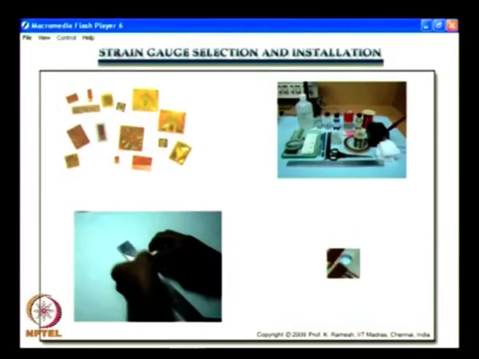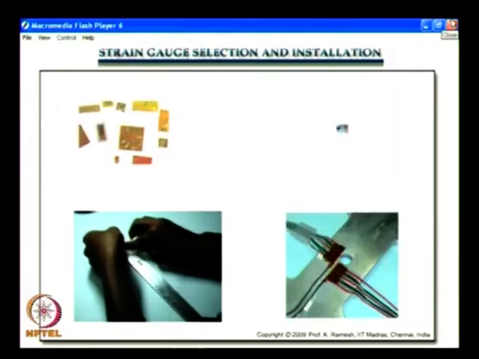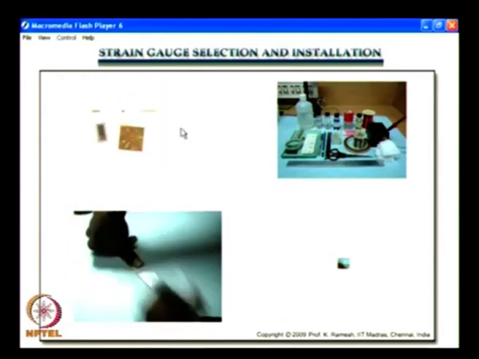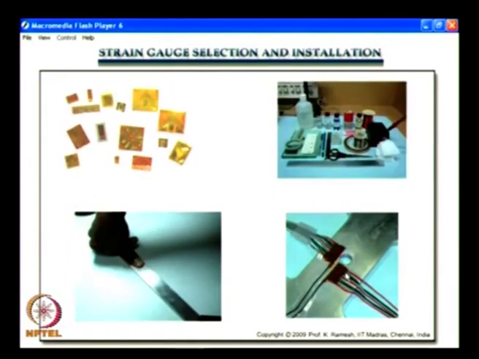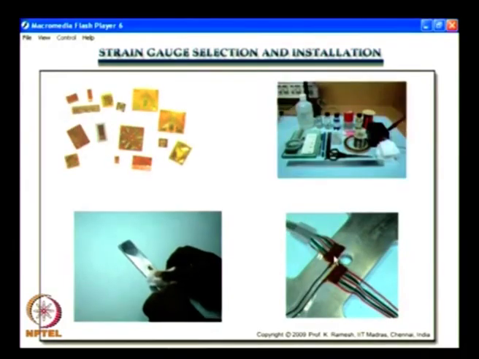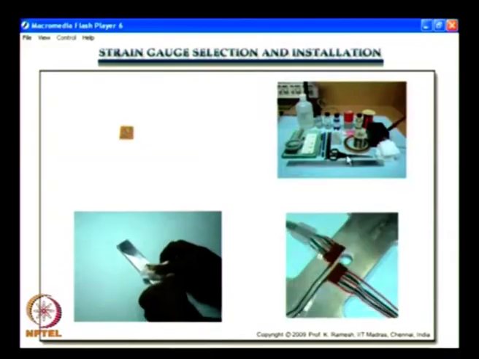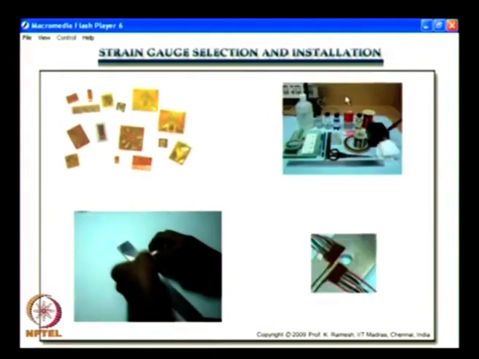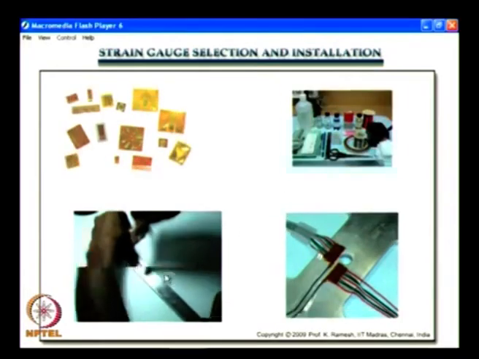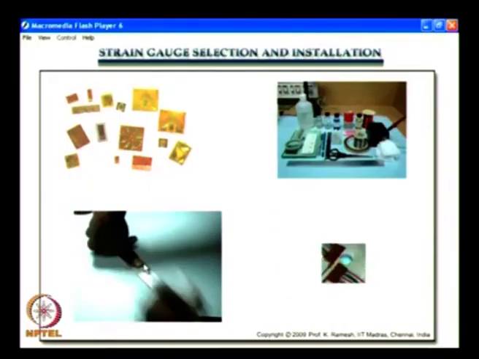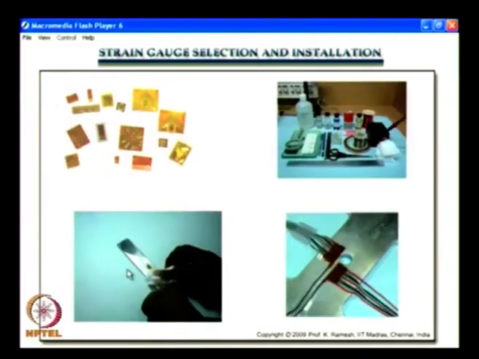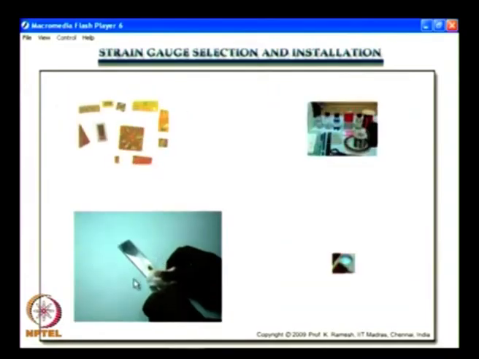And when you go for strain gauge selection and installation, you have various patterns available, and for a plate with a hole you have a strip gauge that is pasted here, and this shows what are the accessories that you require for strain gauge bonding, and this gives an illustration how do you use a cyanoacrylate cement, what kind of procedure that you need to adopt to effect a bonding.